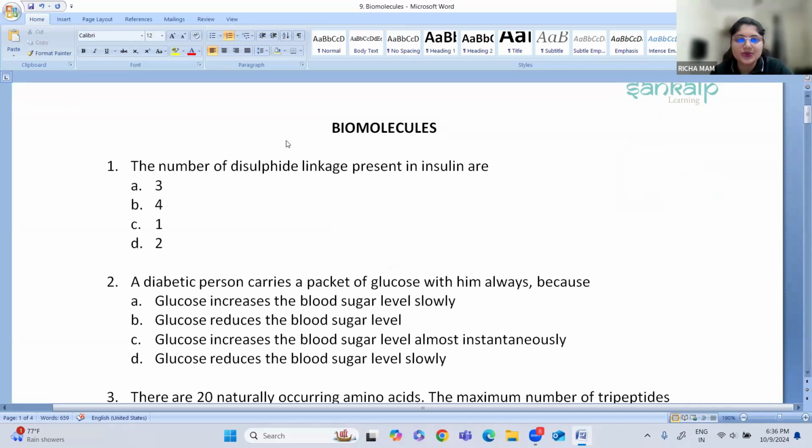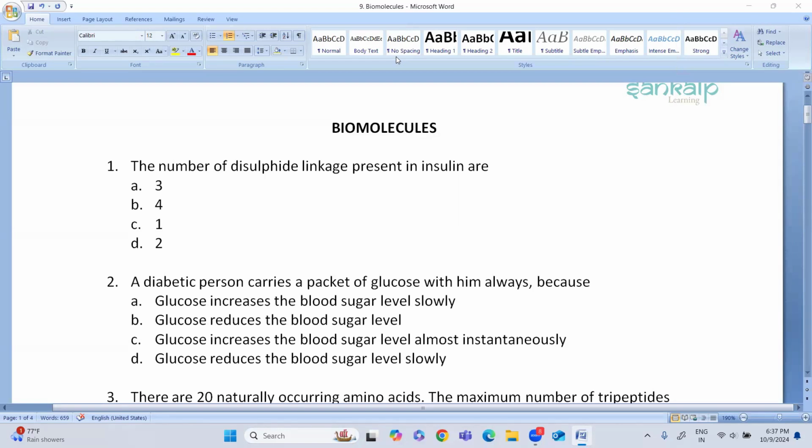So this is the first question. The number of disulfide linkages present in insulin are? What is the number of disulfide linkages present in insulin? What is insulin?